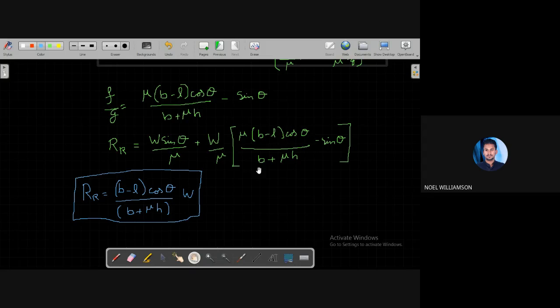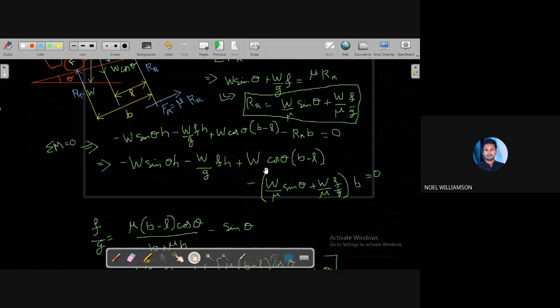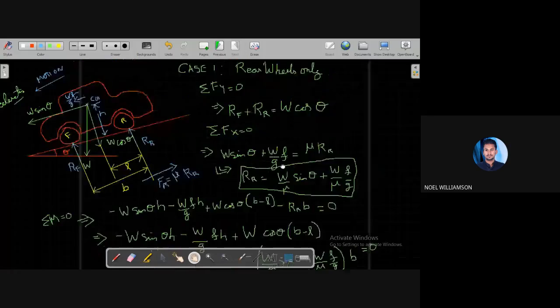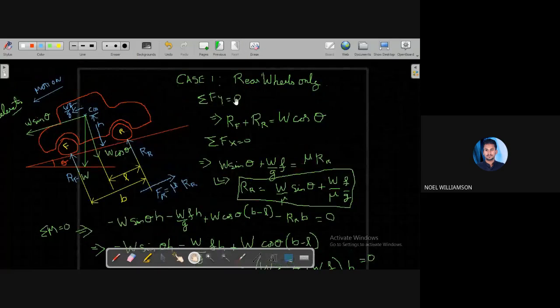Now from the relation sigma Fy equal to 0, we got RF plus RR equal to W cos theta.